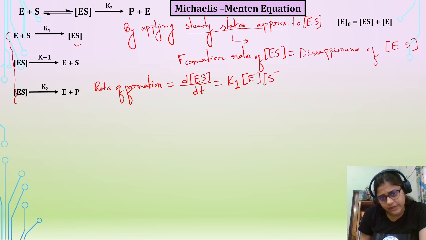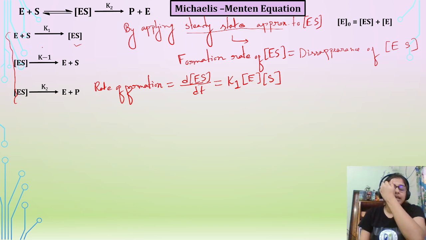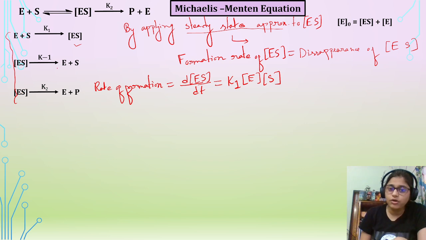This is not the overall rate; it is for this elementary step. Is there any other step where ES is forming? Only three steps are there, and in the other two ES is breaking. So only in step one is ES formed.